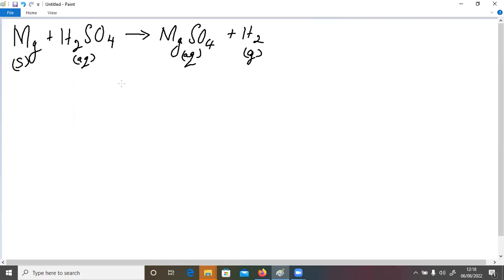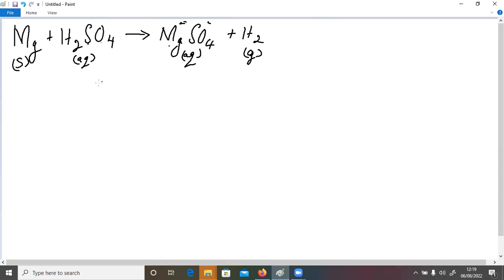Try and see if this is balanced. It is 1 magnesium on the left-hand side, 1 magnesium on the right-hand side, 2 hydrogens there, 2 hydrogens there, and the sulfate ion there: 1 sulfur and four oxygens. This is okay because magnesium has a valency of 2, sulfate ion has a valency of 2, they cancel.